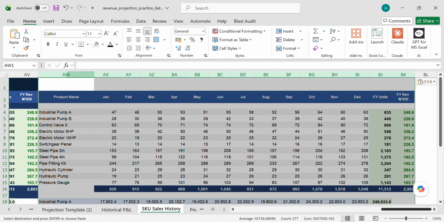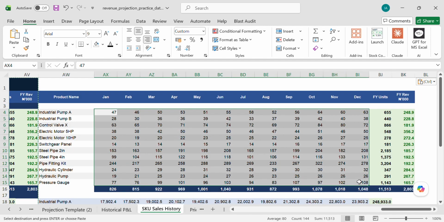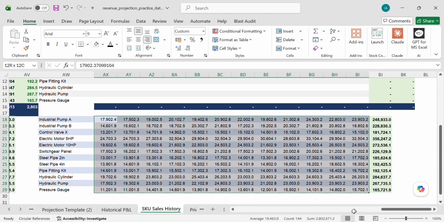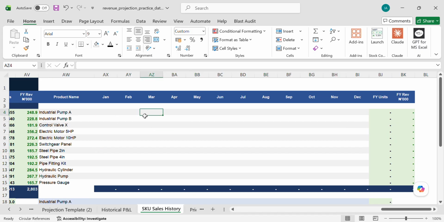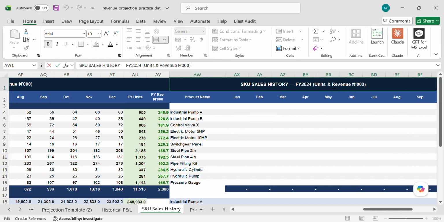Right? So let me clear up these numbers. Okay, good. So this is what we're going to use for 2020. So copy this one and paste it here. And this is going to be for 2025.